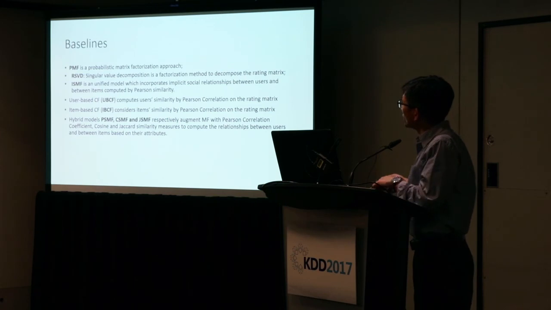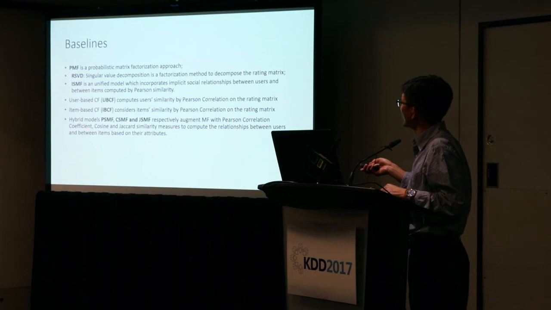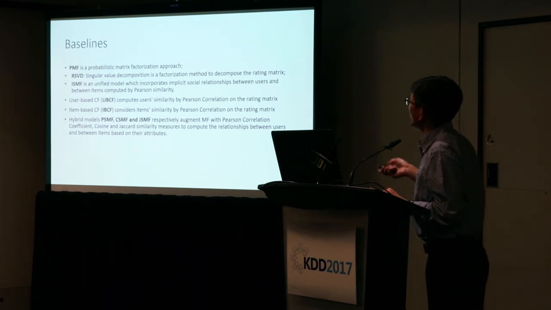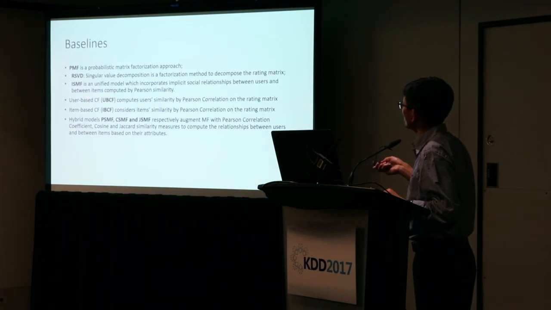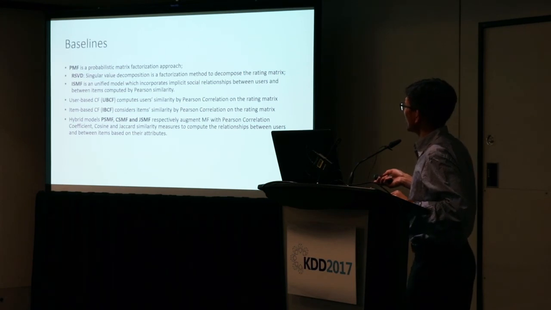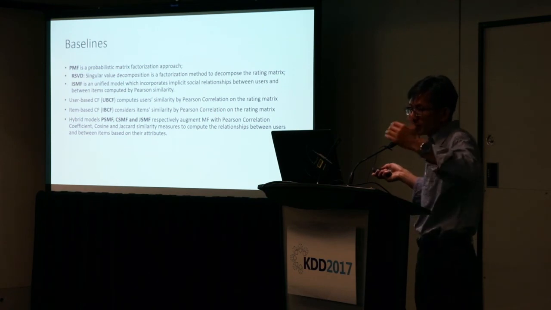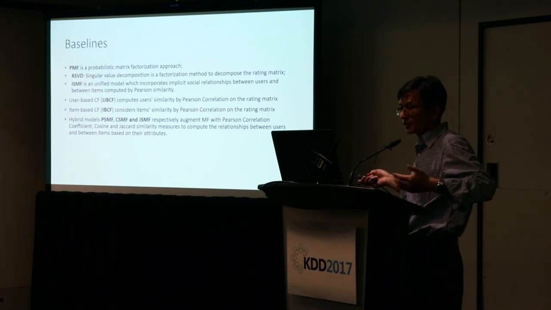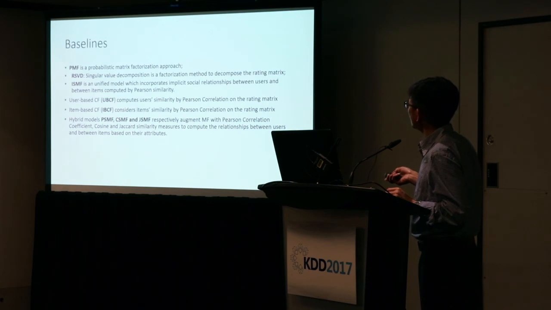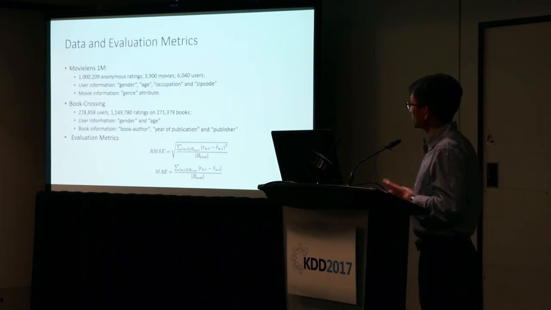Then we compare with the basic probabilistic matrix factorization, with the singular value decomposition, SVD, factorization, and with implicit social relation based MF models. We also particularly compare different similarities, to see whether the similarity makes a difference. We test the different similarities, Pearson correlation, cosine, Jaccard coefficient, and we change the MF to see whether this makes sense.